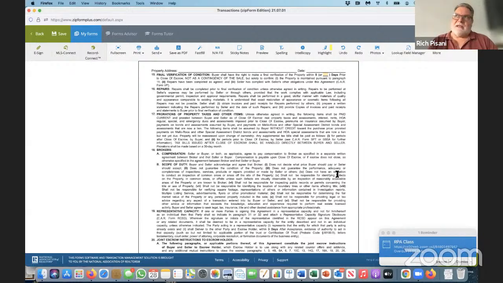And I have all these things. Well, we'll do the sellers remaining in possession for 3 weeks, and so we'll do it before they move out. No, that's a separate agreement. This is 5 days prior to the close of escrow.